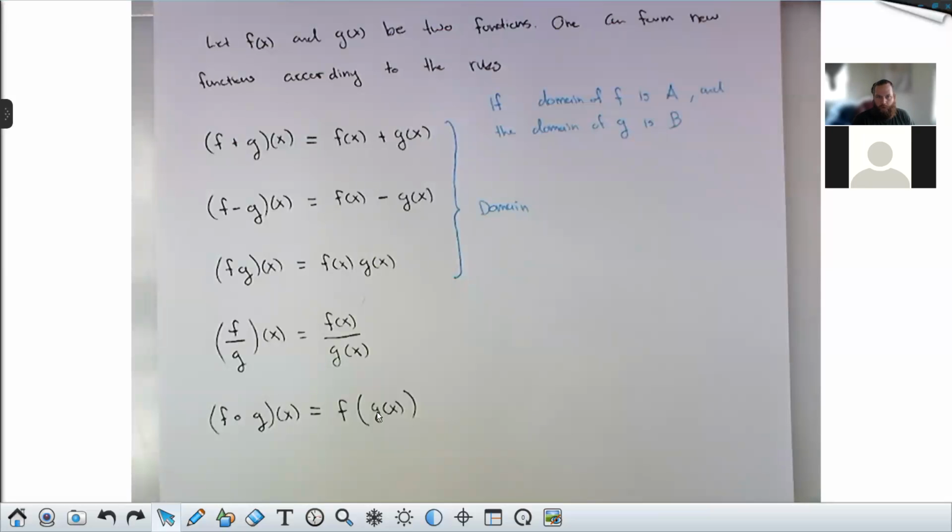Perhaps the question is too broad. Suppose you have some number like 2, and maybe 2 is in the domain of f, but it's not in the domain of g. Can I plug 2 into this function?